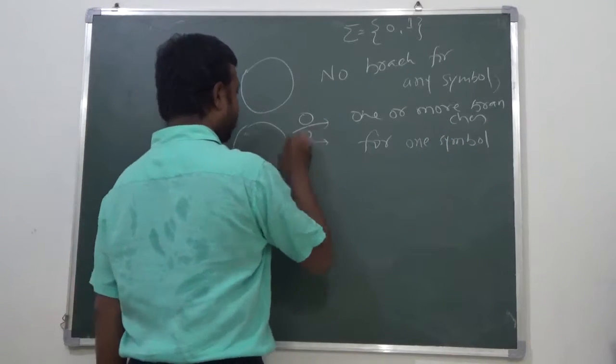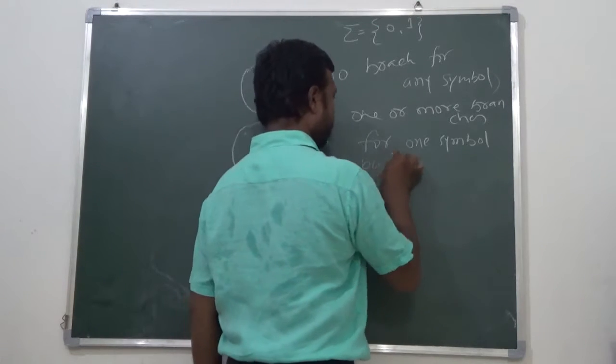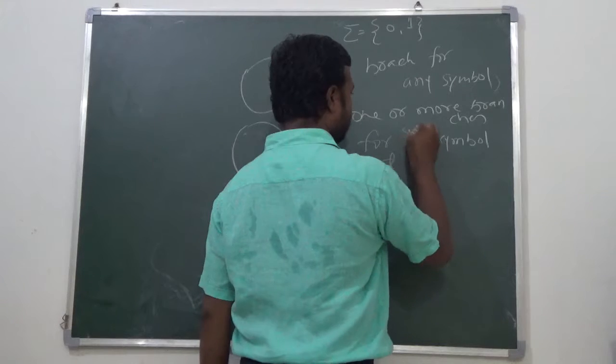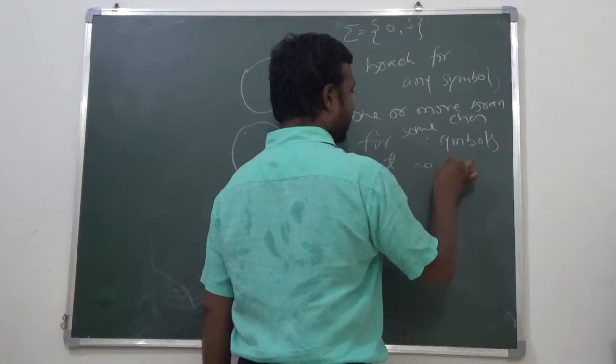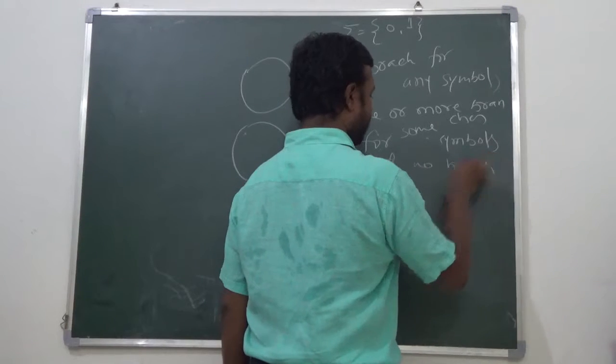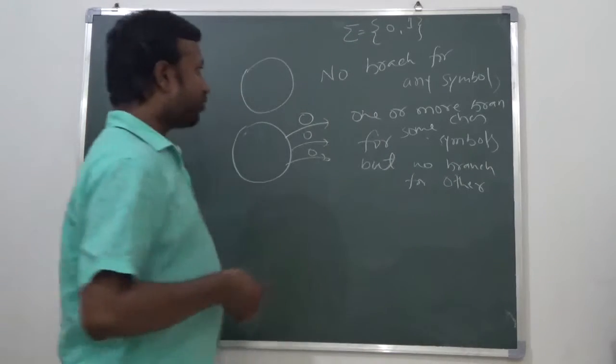It might be possible there are more branches for 0, but not for 1. I say some symbols have branches, but no branch for others. So that is one possibility.